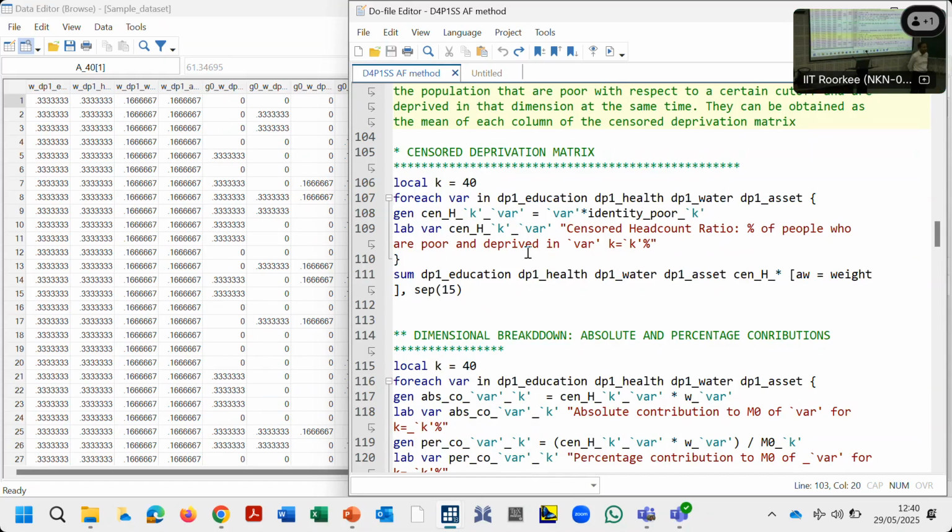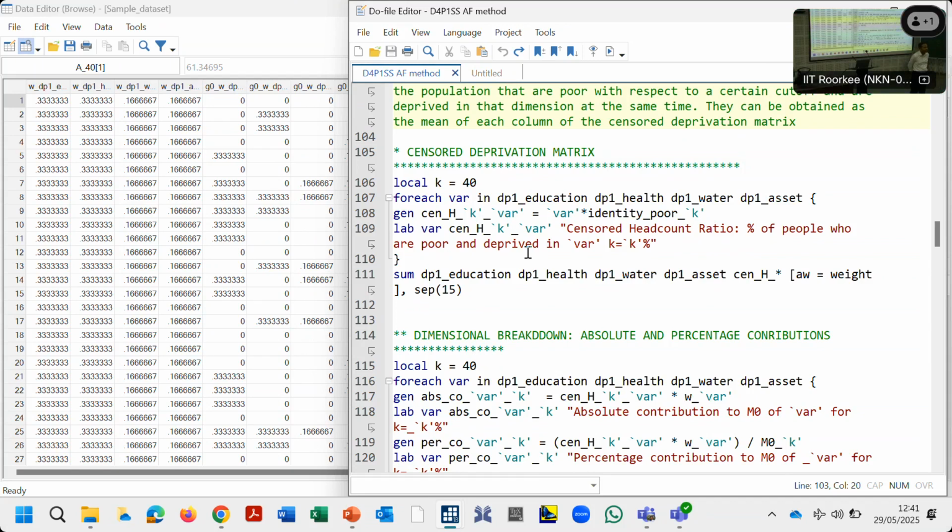So you have a deprivation vector. You know this household is deprived, this household is not, and so on. You know the uncensored deprivation column, right? You know a column from where you know who is multidimensionally poor and who is not. How do you compute the column for censored deprivation?